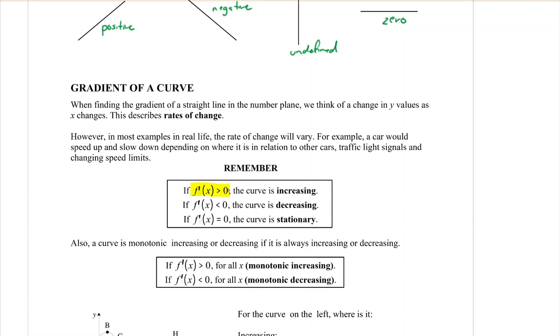And when that is greater than 0, meaning positive, my gradient is increasing. Curve is going up. If I differentiate and it is less than 0, that means it's going down, which is decreasing. This is a very exciting one here, though. If we differentiate and it is equal to 0, then we have found a stationary point.